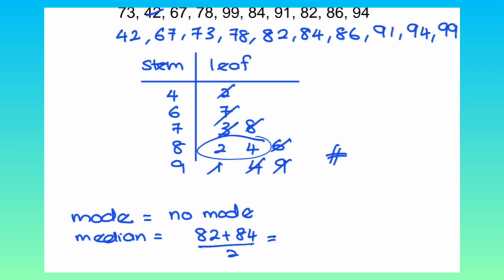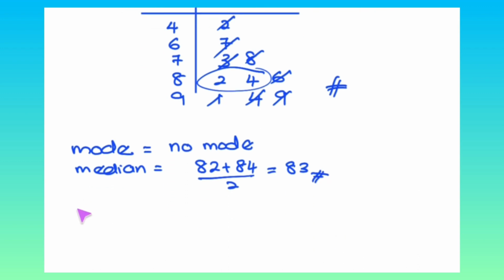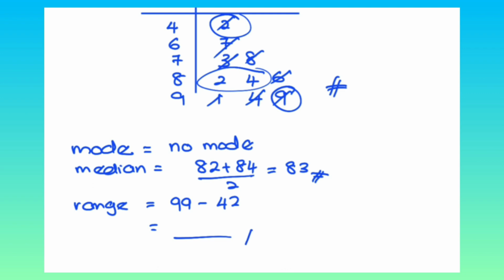So the answer here is 83. And what is the range? To find the range, the highest value minus the smallest value. So 99 minus 42. And please find the answer.